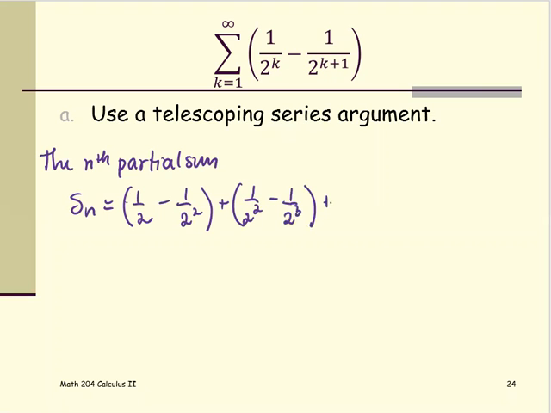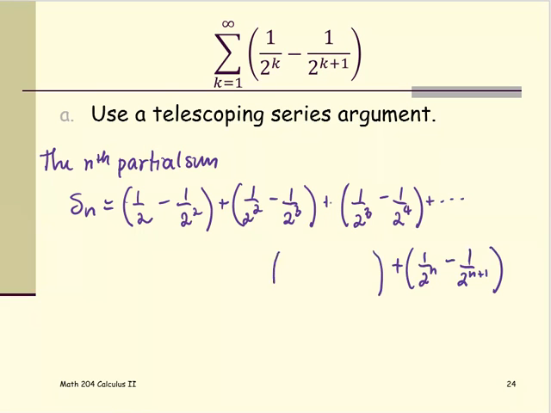For k equals 3, we get 1 over 2 to the third minus 1 over 2 to the fourth, and so forth. The very last one, the n-th term, would be 1 over 2 to the n minus 1 over 2 to the n plus 1. The one before the last is 1 over 2 to the n minus 1 minus 1 over 2 to the n.